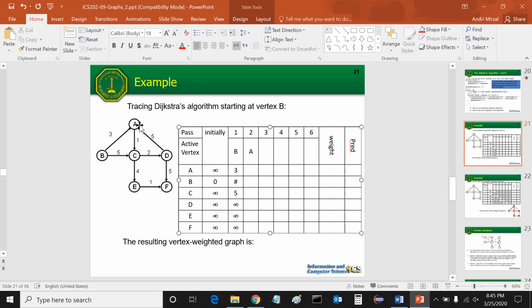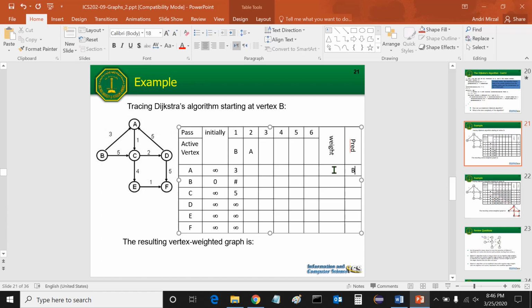So that means we are already here. Then we can see that the predecessor of A has been decided to be B, right? That's why now we can insert the information of the predecessor of A, which is B, okay? Also, because we are already in A, we know that the way from the starting vertex to A has already been decided, which is 3.